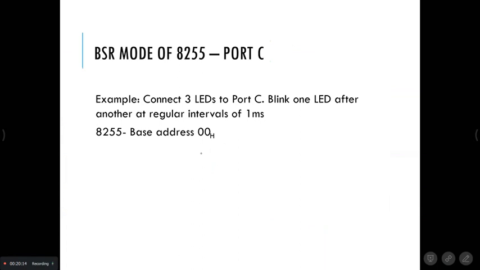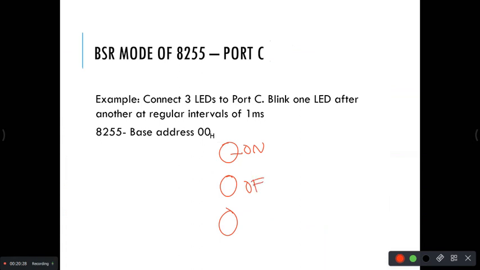These 3 are the LEDs. I want you to do this. First, this has to be on, this has to be off, and this has to be off. Assume that initially they are all off. First you make this on, this off, this off. Now after that, tell me which should be on and which should be off.